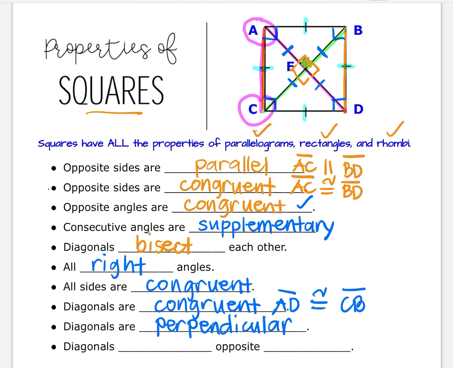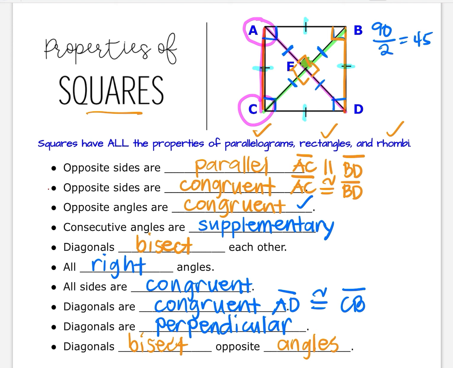And the last property is that diagonals bisect opposite angles. So what this means is that if the diagonal bisects opposite angles, so if this is 90 degrees right here, then it follows that if we divide that by 2, that is going to be 45.